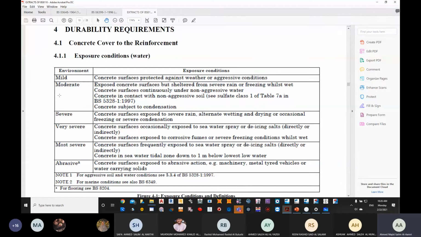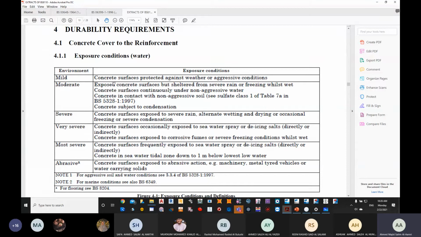Now, when we talk about environment, we are talking about how severe is the water available in the environment. So if it's only the regular humidity, then we are going to go for mild. If we are having rain, like for example, if you are designing in Salalah, you cannot have only mild.